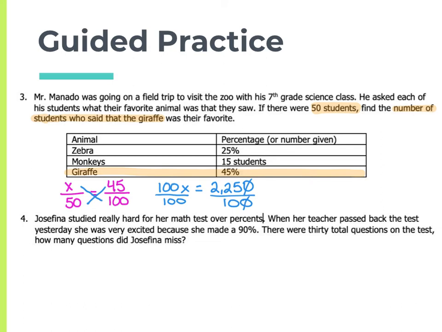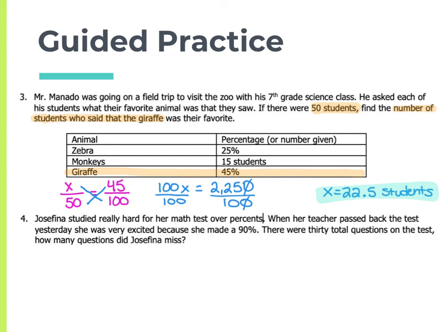And when we divide 225 by 10, we get x equals 22 and 5/10 students. We want to make sure that we are including our unit in our answer each time we have a word problem.